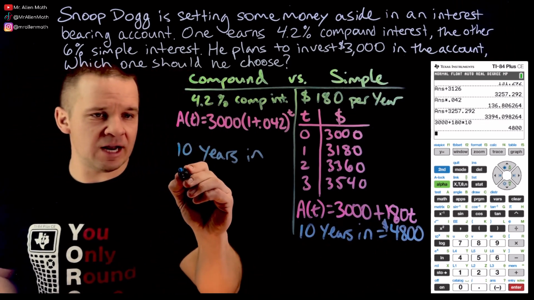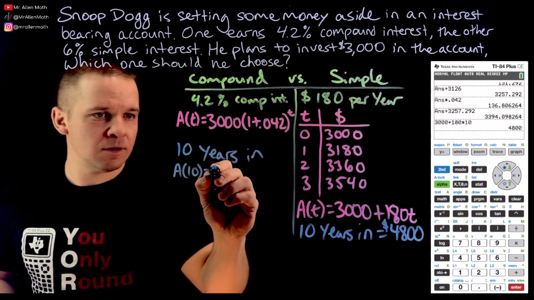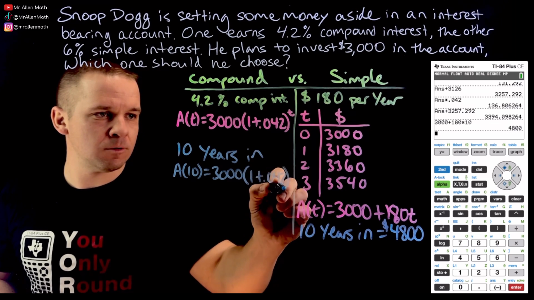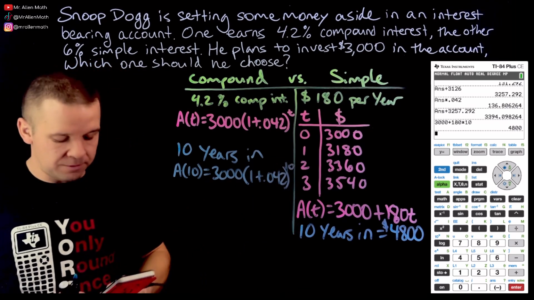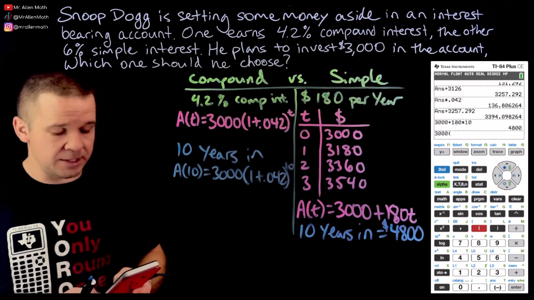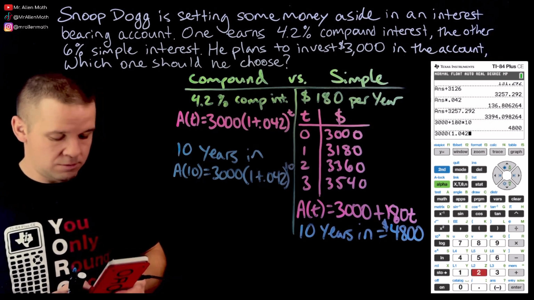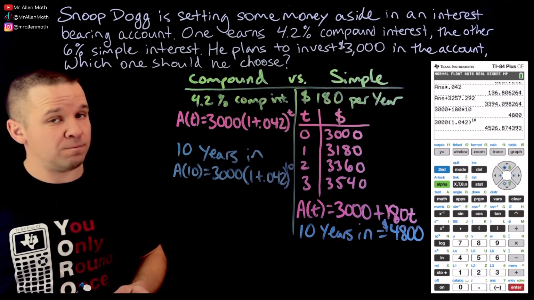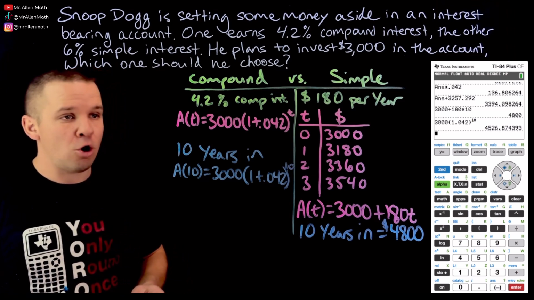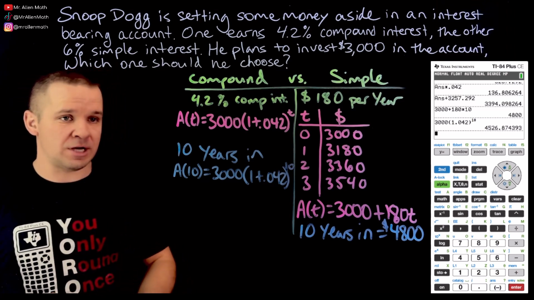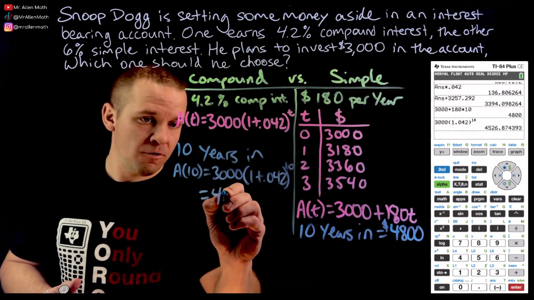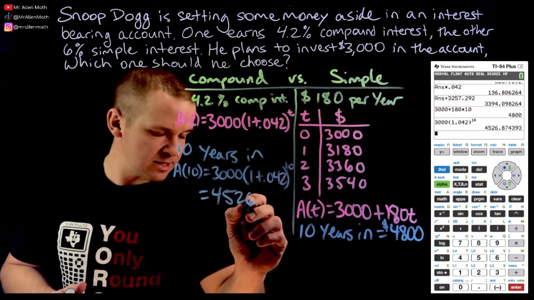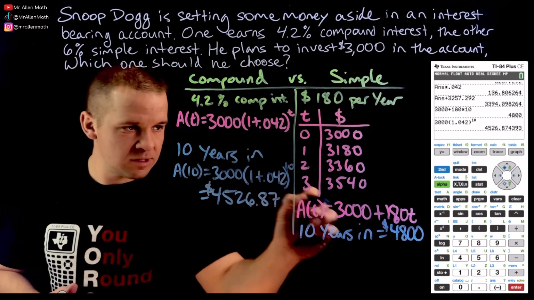But this one here, if I did A of 10, it's 3,000 times 1.042, raised to the 10th power. We're catching up, right? It's still not better, but we're catching up. It's 4,526.87. Still the better account is the simple one.